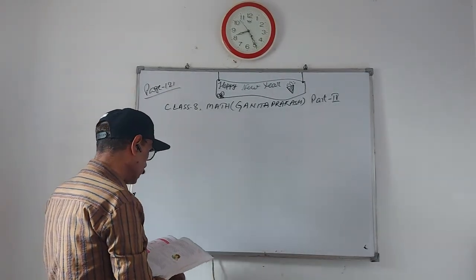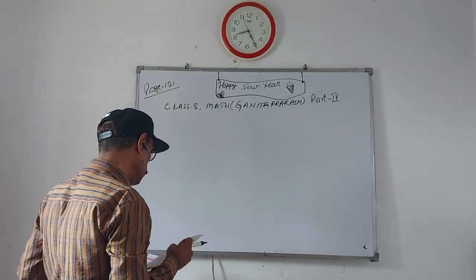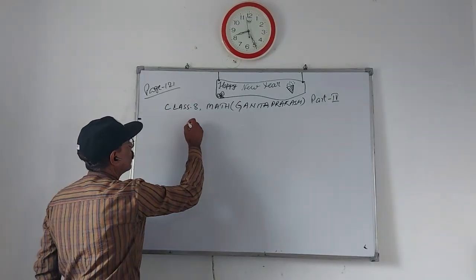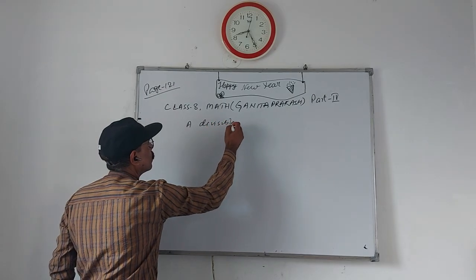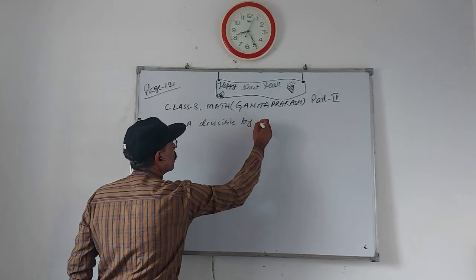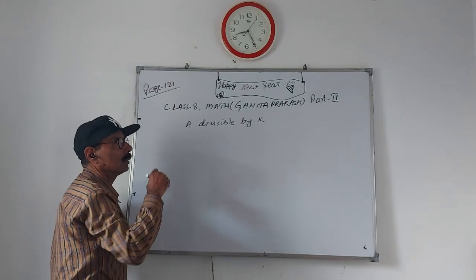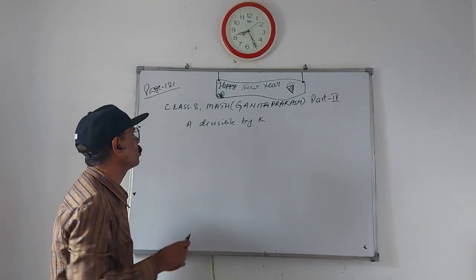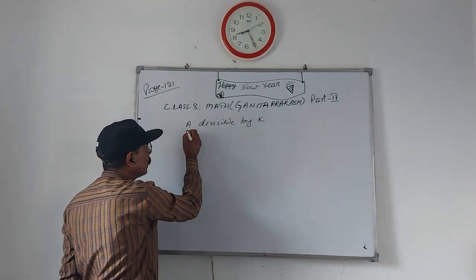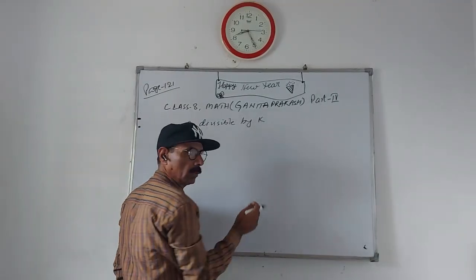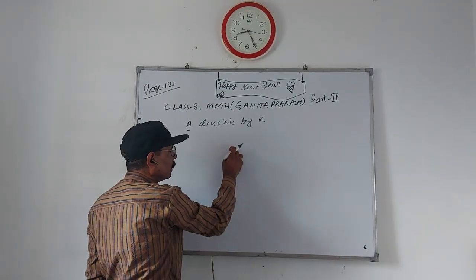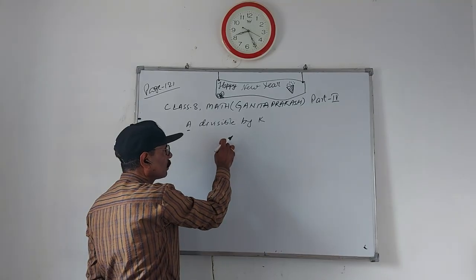The conclusion is, in general, if A is divisible by K. A is divisible by K means what? Is K a factor in A? No. If K is a factor in A, then only... no. A is coming in the bottom, that means K is outside also.